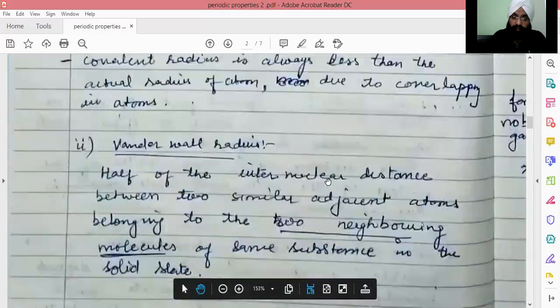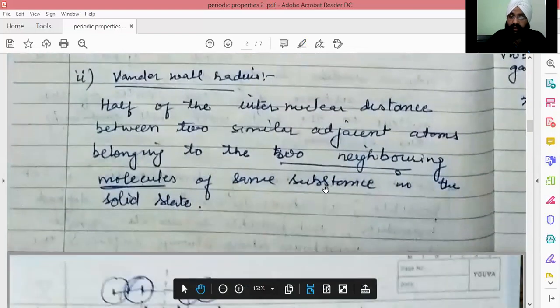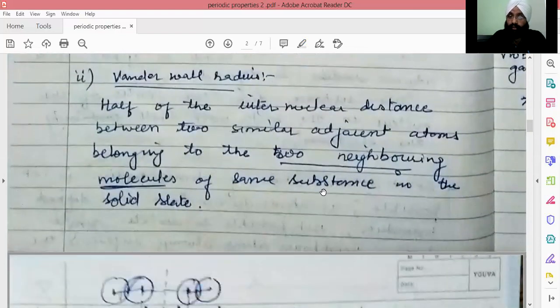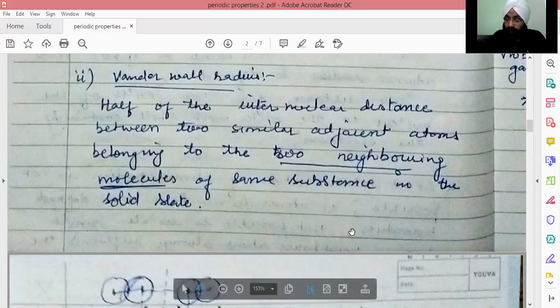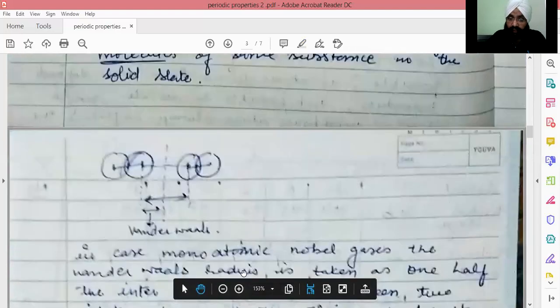Now next is the van der Waals radius. The van der Waals radius is the internuclear distance between two adjacent atoms belonging to two different adjacent molecules. Like here, there are two adjacent molecules. This is one molecule and this is the second molecule.